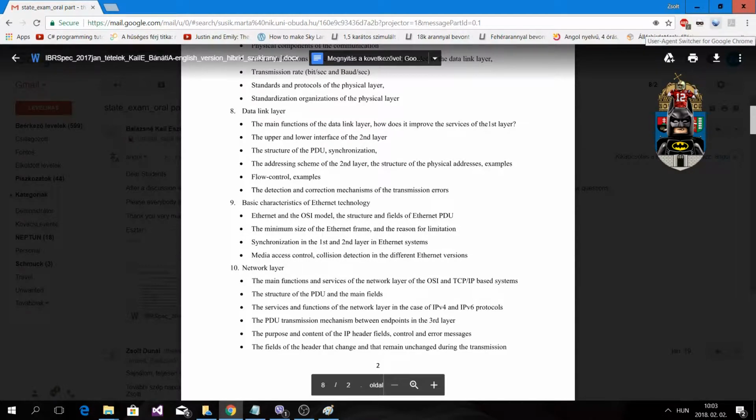Addressing scheme of the second layer, the structure of the physical address. It is quite easy: we are talking about layer 2, the data link layer, so we are talking about switches. Switches are called nodes. Layer 2 connects nodes together, because cables connect switches together.